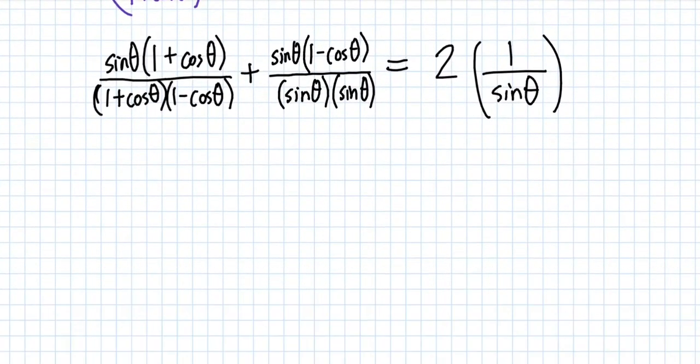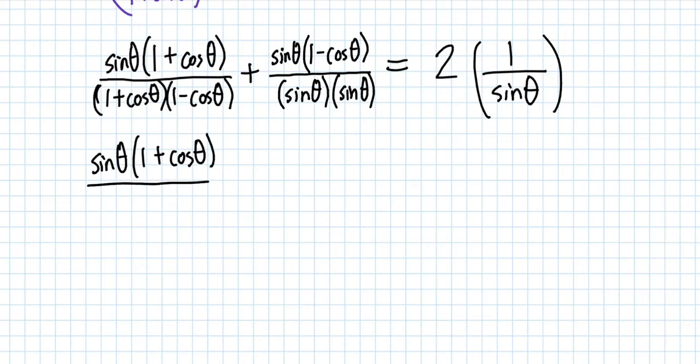So when we simplify all these, we're left with sine theta 1 plus cosine theta over, we distribute these out, right? We get 1 minus cosine squared theta. Okay, great. Plus, we'll leave these separated for now.